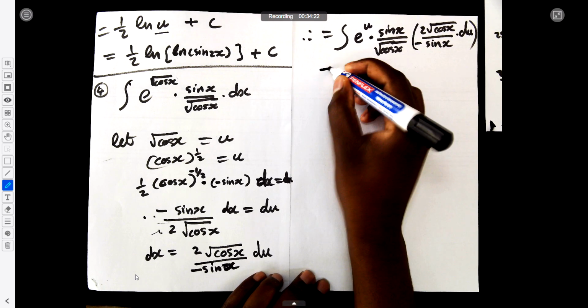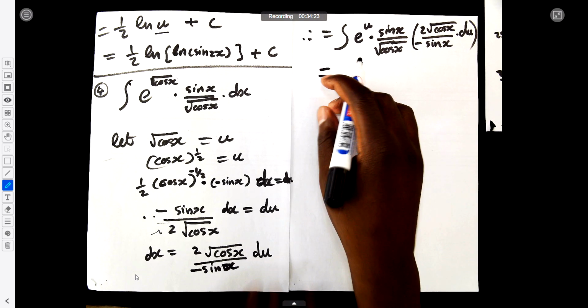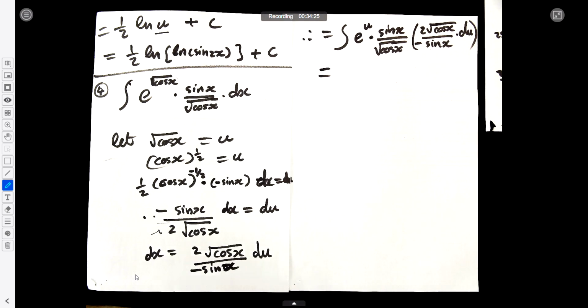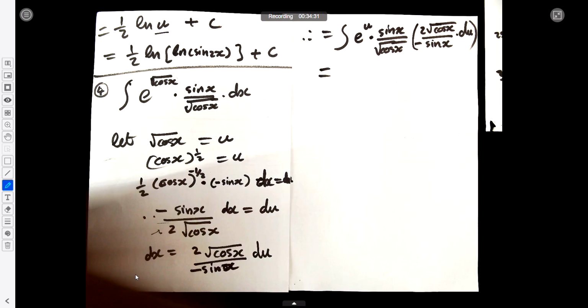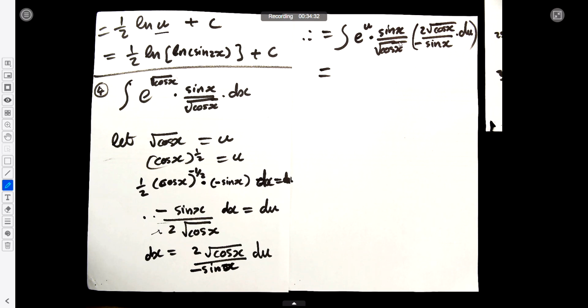Now we know that the u method helps us to simplify by dividing most of the functions which were there. We want to get rid of the x and be left with u. So we see that root cos x is divided by root cos x, and sin x is divided by sin x. I hope you see we're left with factor negative 2.